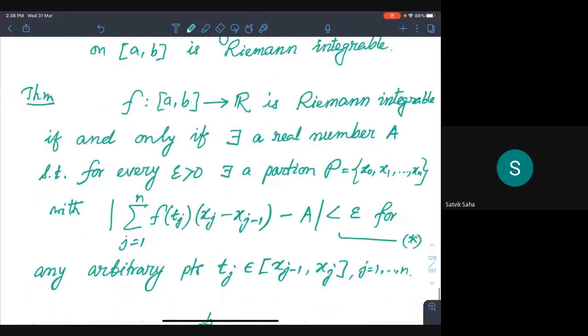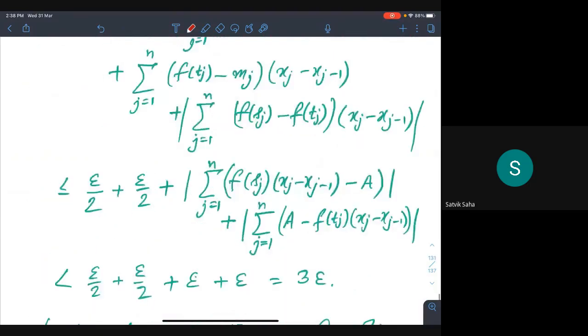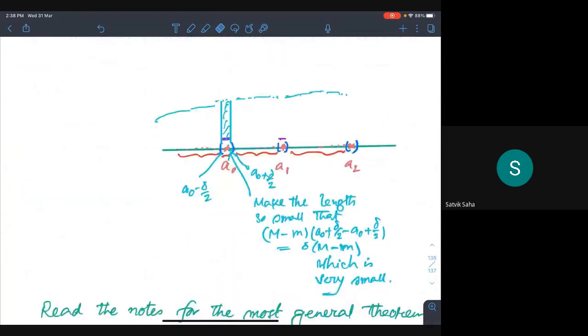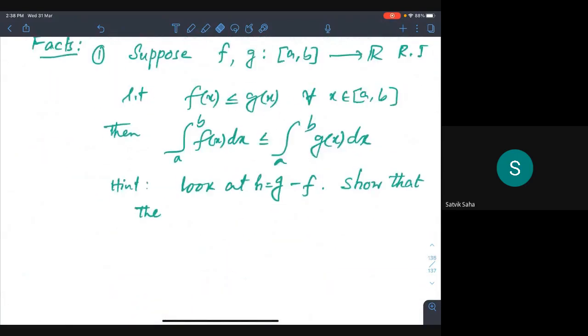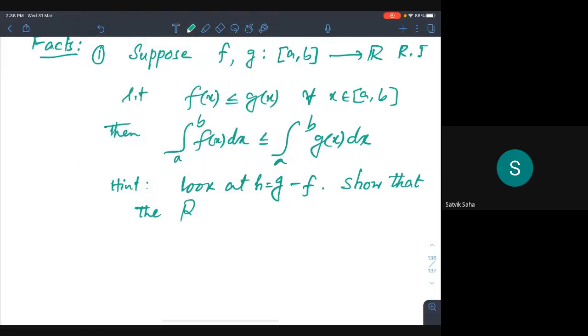I didn't mention it, but this one is called the Riemann sum. So the Riemann sum is nonnegative.